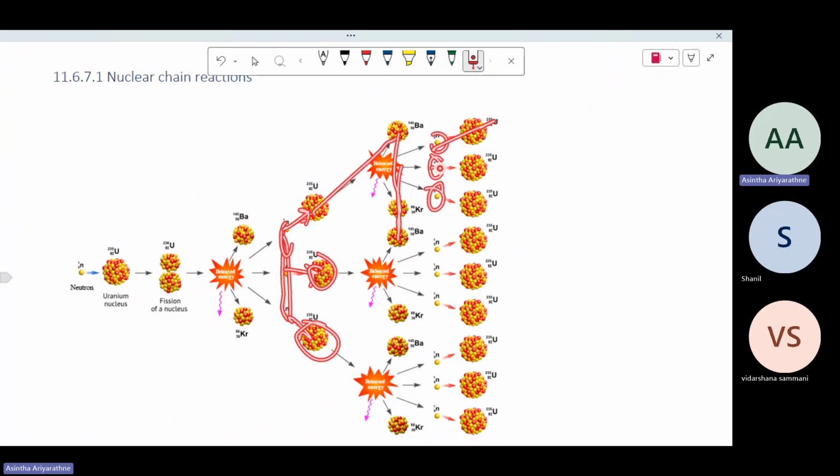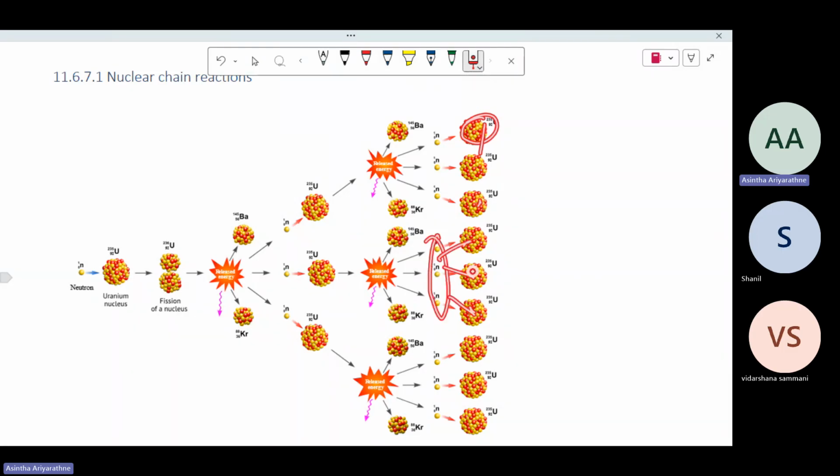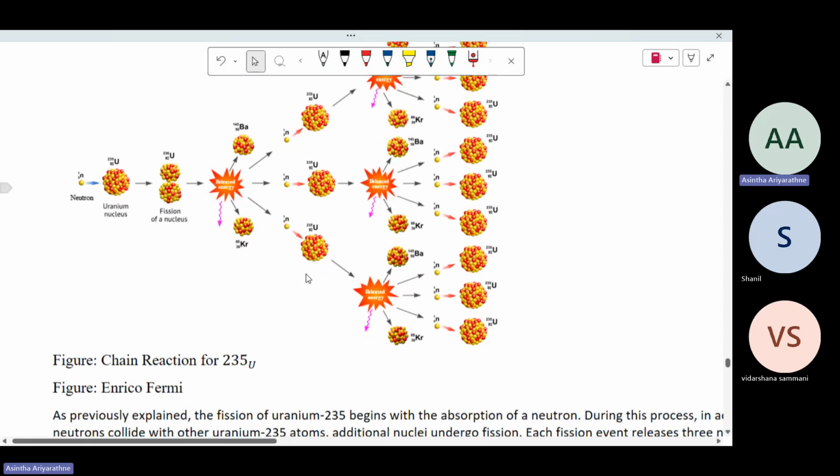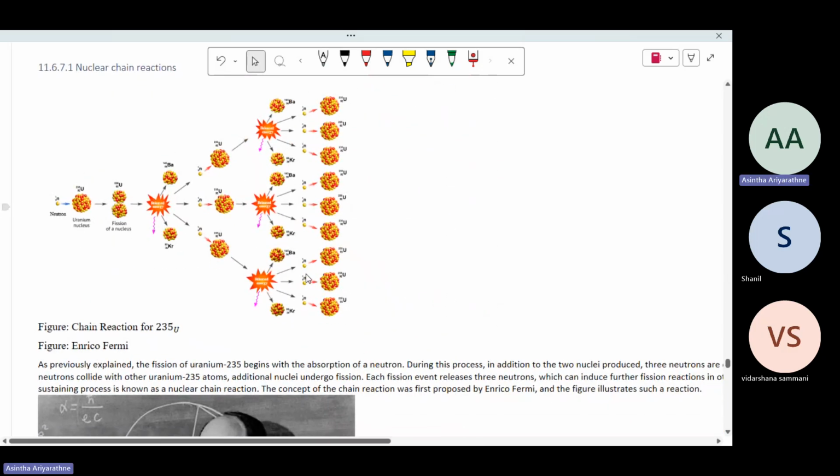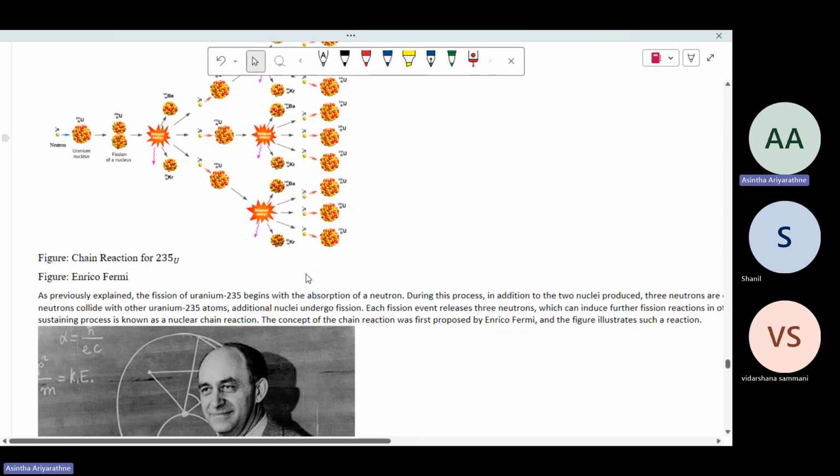These could be directed on another three uranium nuclei, and so on. So this process could happen very fast and rapidly. Those are called chain reactions.